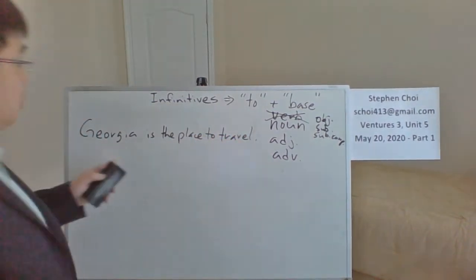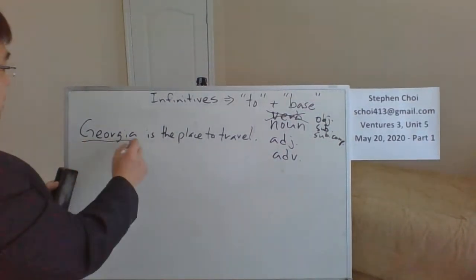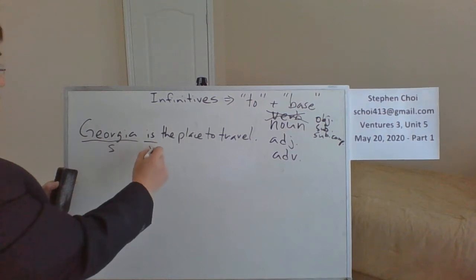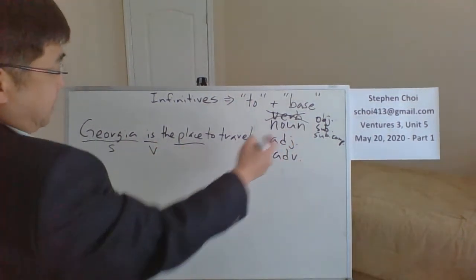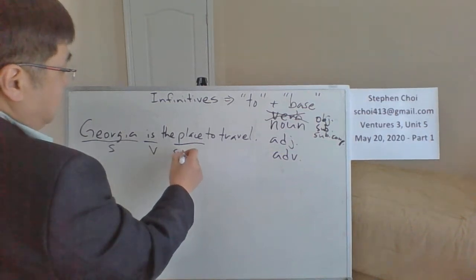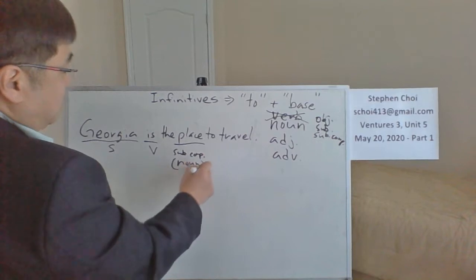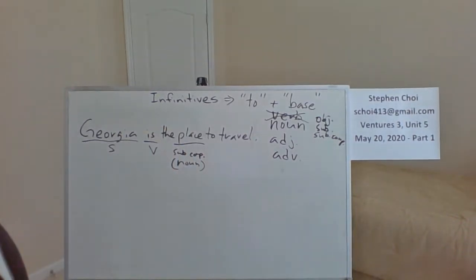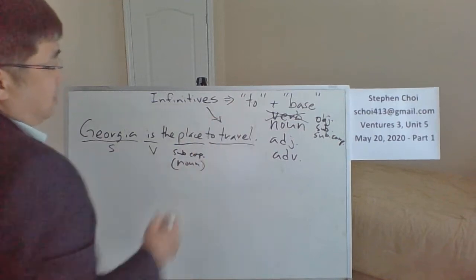Georgia is the place to travel. This is a good sentence. Georgia is the subject, then the verb. Georgia is the place. Remember we just talked about that. This is a subject complement, which is basically a noun. And "to travel," this is the infinitive, right?